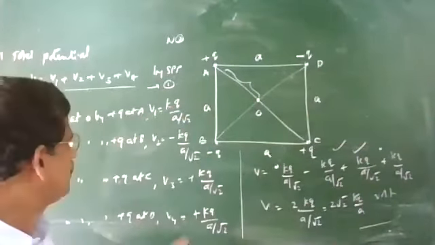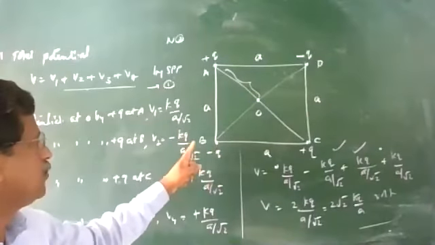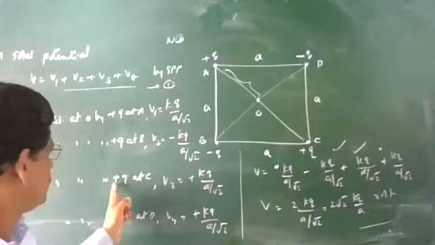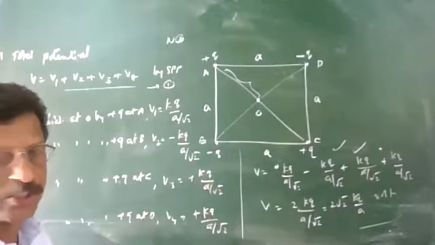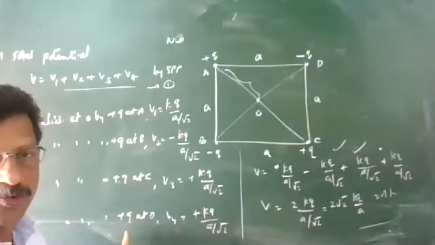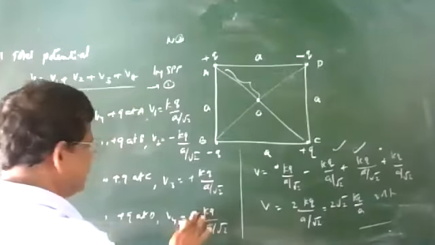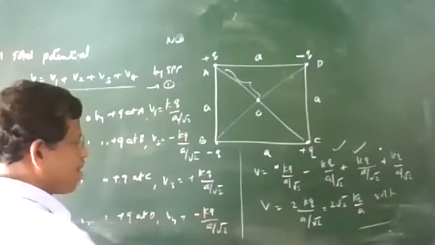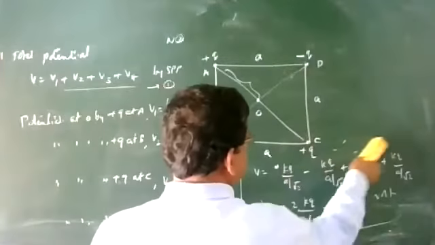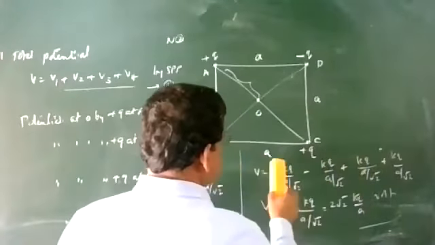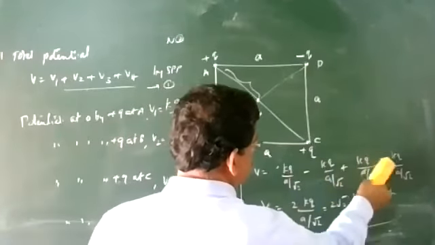That is positive itself. V2 is negative, so write minus KQ divided by A by root 2. Third one, V3 is plus KQ by A by root 2. Where we have to change? Potential at O by the charge at D, that is negative charge we place, so here it will be minus. So in this equation, first one is positive, second one is negative, third one is positive, fourth one is negative.